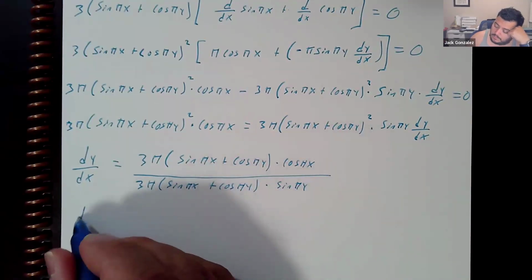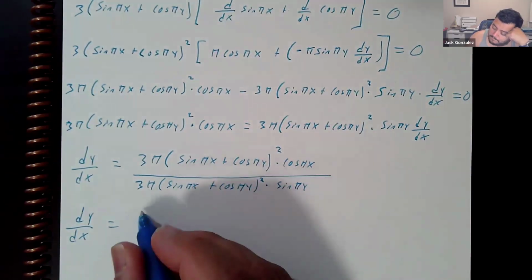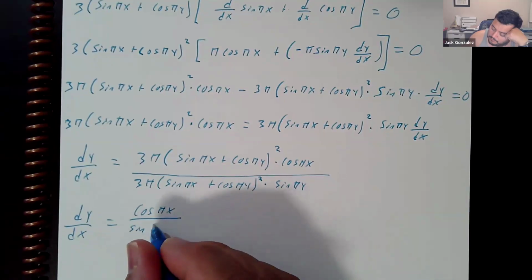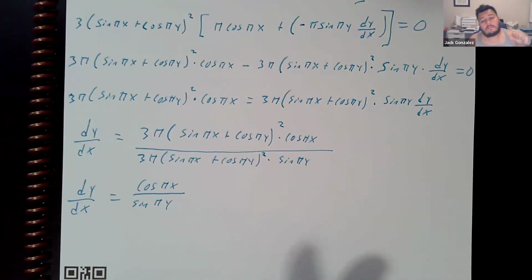So this will be gone. dy/dx will equal that. It should be right. Anyway, does that make sense?